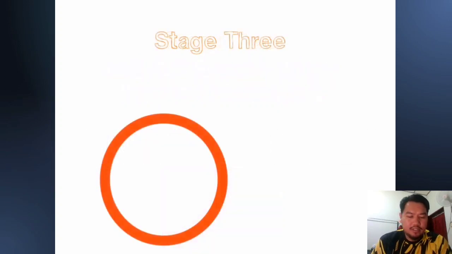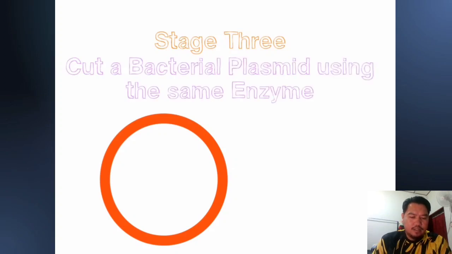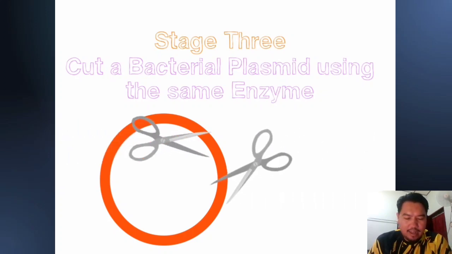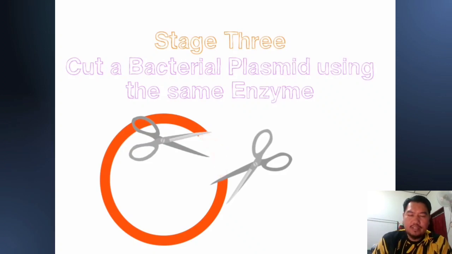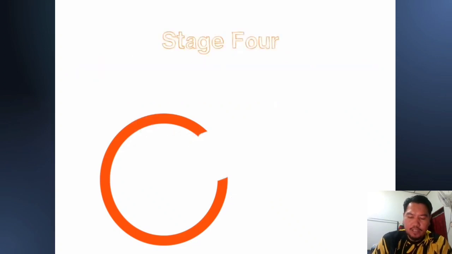Okay, stage 3. Take a bacterial plasmid, which is a circular ring of DNA that we find in some bacteria, such as E. coli. Then we cut that plasmid with the same restriction enzyme. We remove a very particular section of the plasmid.